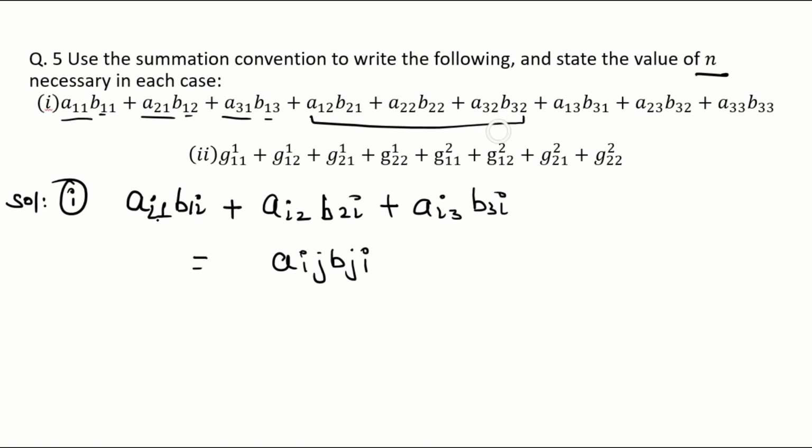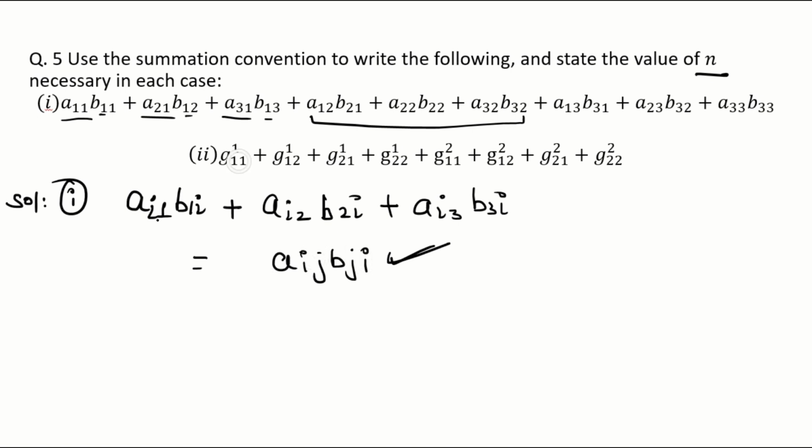From this you get the second three terms, and then the last three terms. So this is correct. The 9 terms can be written in only one expression. So the Einstein summation convention simplifies things; you can write a big expression in a much smaller, simplified way.